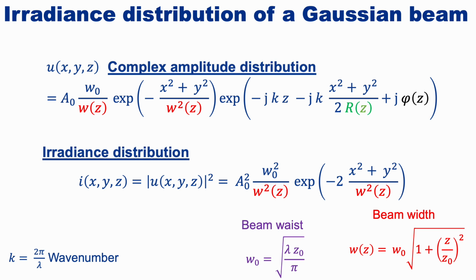And here is when we only have how the intensity changes along the XY axis, but it changes with the value of c. This is what I have for your class number 10, the first class in Gaussian beams. Thank you.